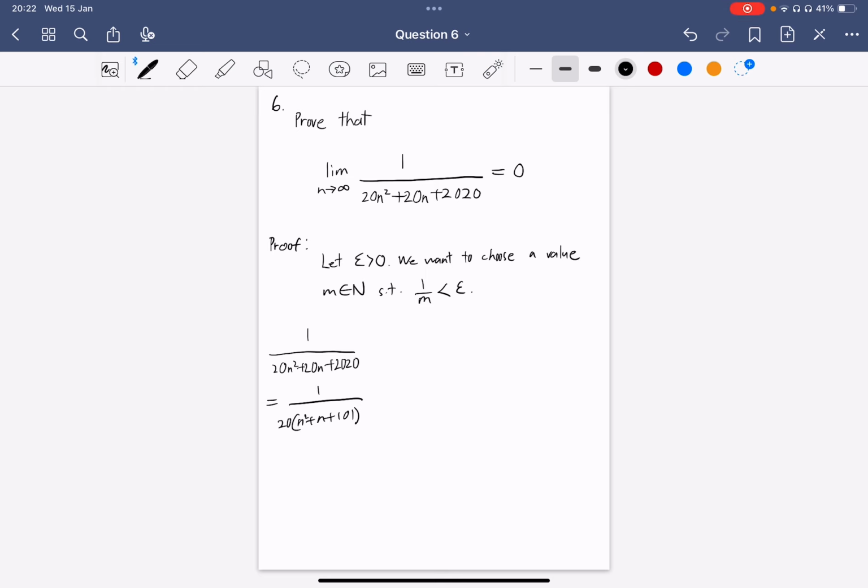So we want to choose a 1 over m that's bigger than this value here, and let this value here be bigger than or equal to m, right? So if you take the reciprocal of these numbers here, 1 over n would be smaller than 1 over m, right?